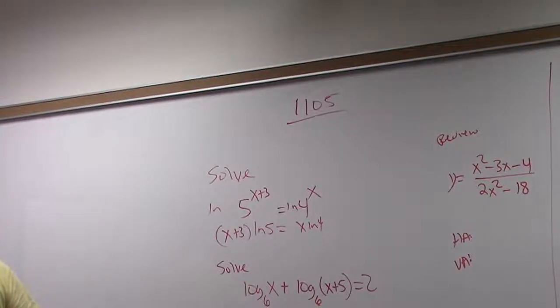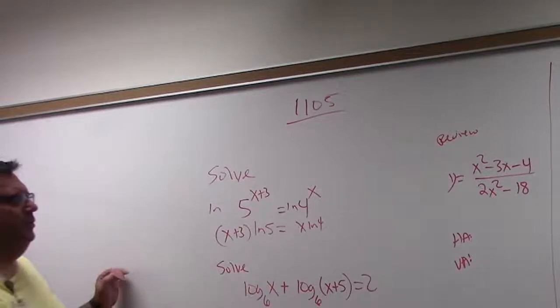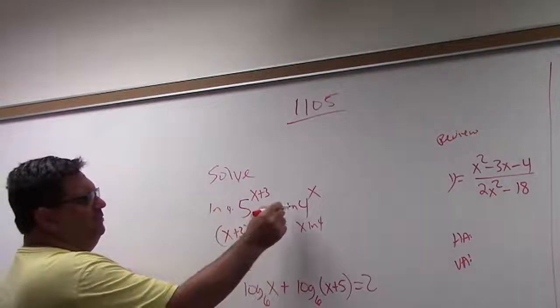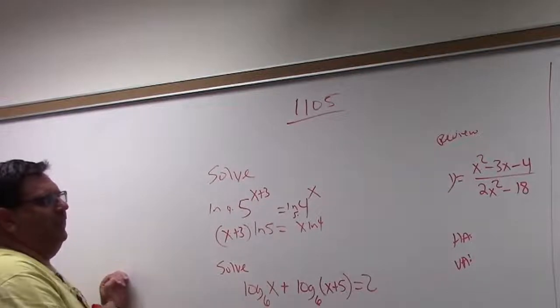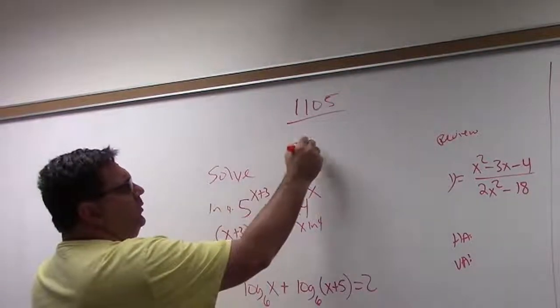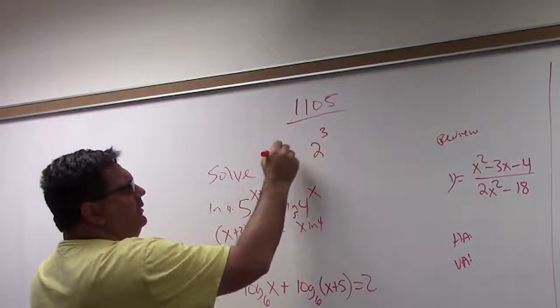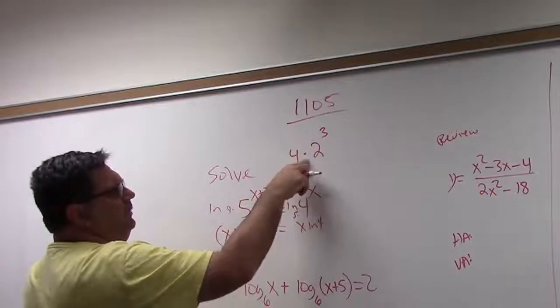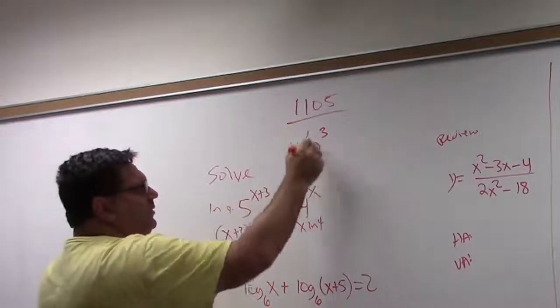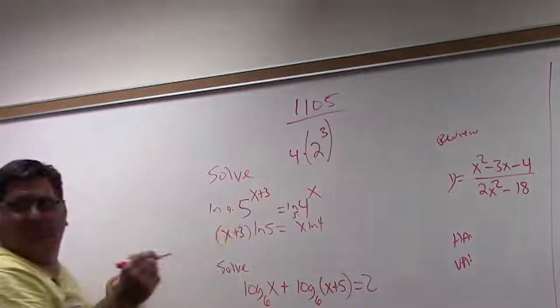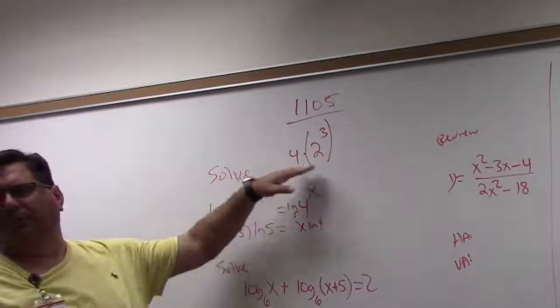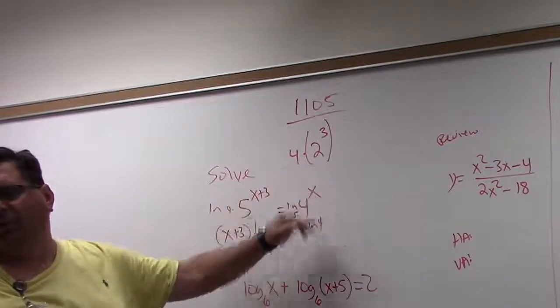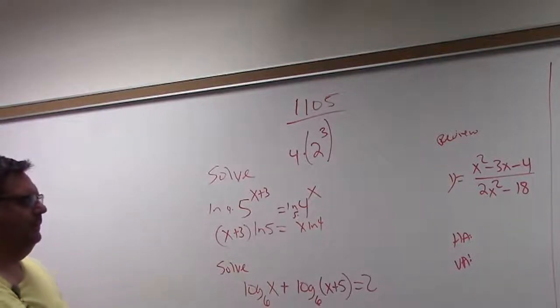Good question. Could I multiply this by 4 and this by 5 and turn both to 20? The answer is no, because with operations, if I have 4 times 2 to the 3rd, I still have to deal with this piece first before I can multiply the 4 into it. So you can't do it that way.